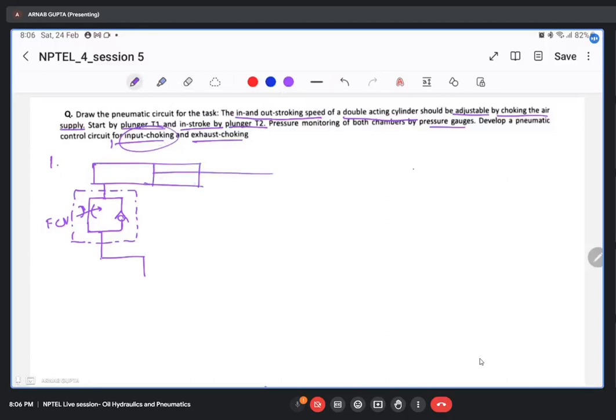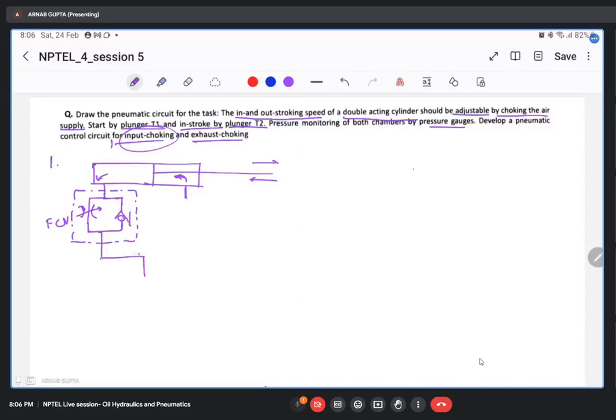This is for the out stroking. What about the in stroking? That is the retraction stroking. That should also be adjustable, but through input choking, not exhaust choking. When the retraction takes place, the air will go in this direction. It will flow out here. So that time there will be no exhaust choking. It will directly flow through this particular valve outside into the exhaust port.